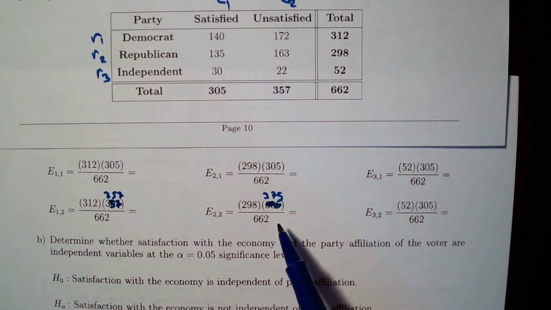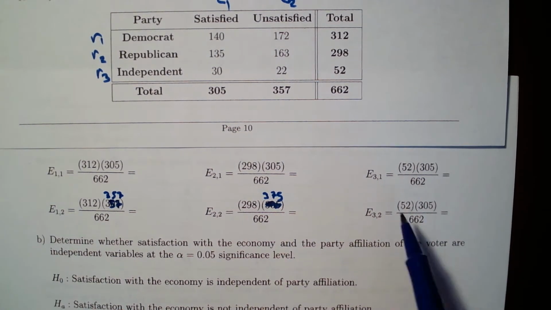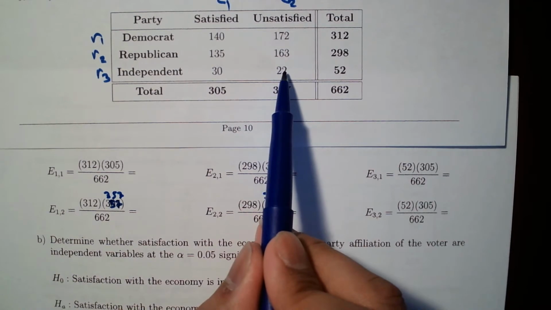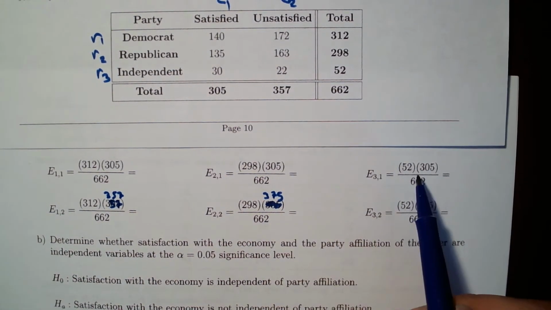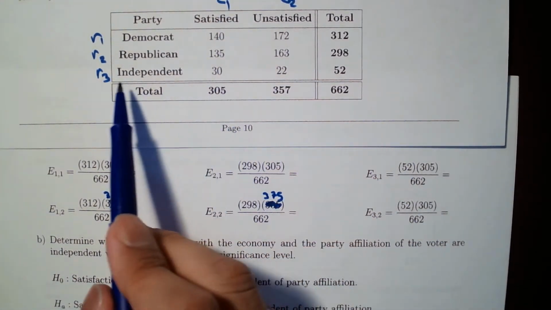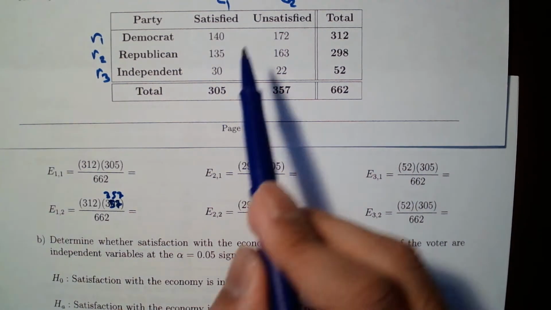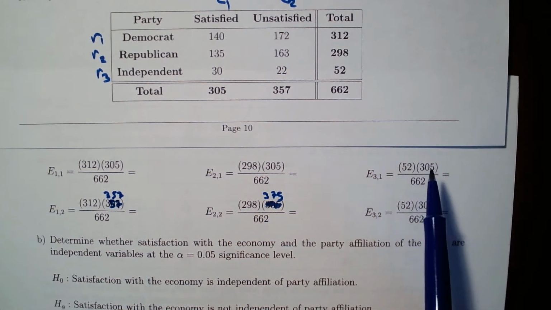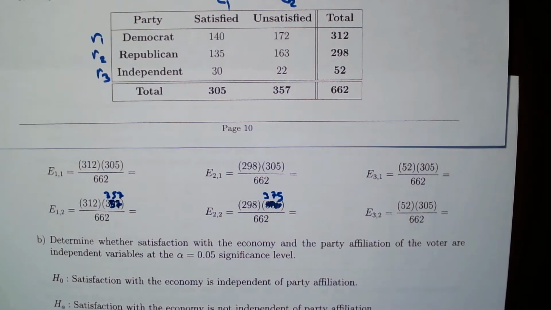Now let's do row 3 column 1, and row 3 column 2. For row 3 column 1, the total of row 3, which is 52, times the total of column 1, which is 305, divided by the total number of observations, 662.